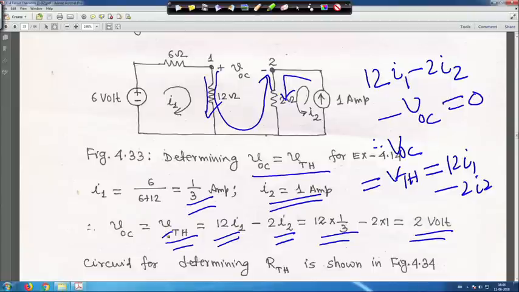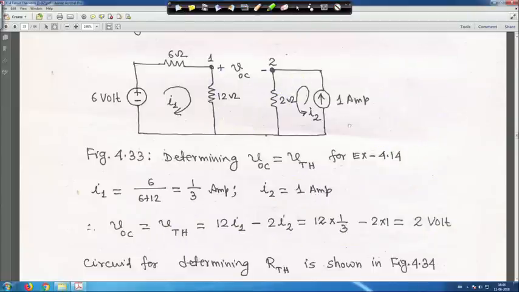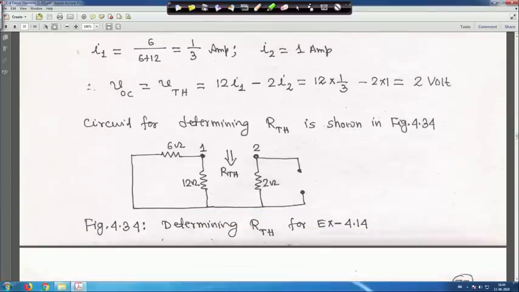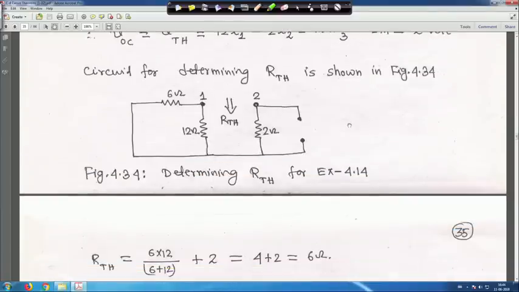Next, for getting R Thevenin, there is a current source. The current source has to be turned off, so it is open, and the voltage source is shorted here, right. Finally, you have to get R Thevenin between terminals 1 and 2.